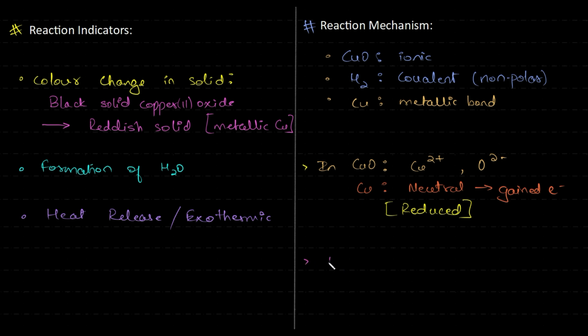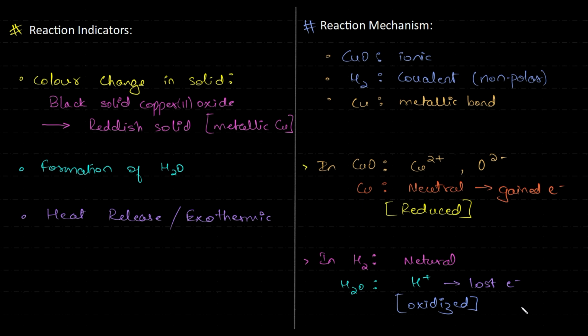Right? So when we're talking about H2, it is an element form, so there is no charge. This is neutral, and it went to H2O, which is basically a polar covalent bond. So H plus. It went from this to this, so basically it lost an electron. And this is termed as oxidized.